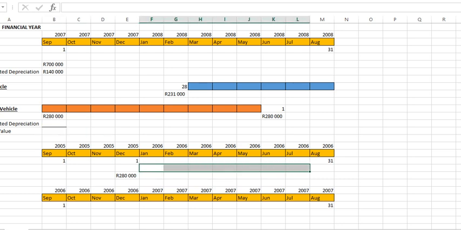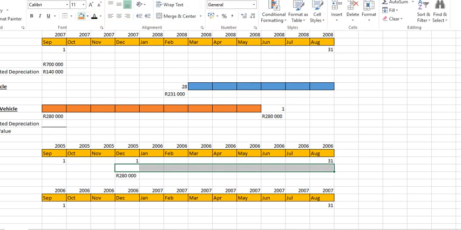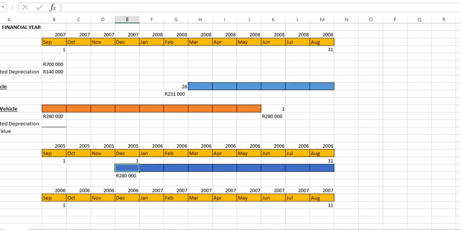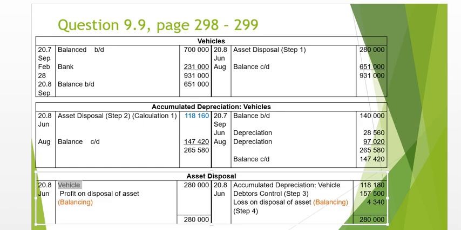So we need to look at the depreciation from the 1st of December 2005, and that will be a cost price of 280,000 Rand multiplied by 9 out of 12 months, which is the period we held this vehicle, and multiplied by a rate of 25%.